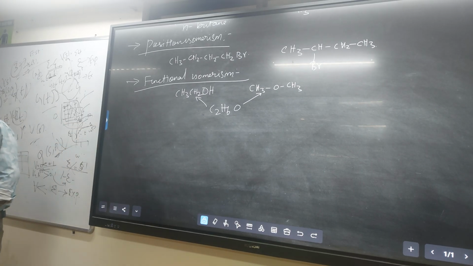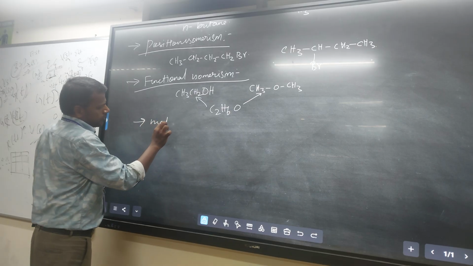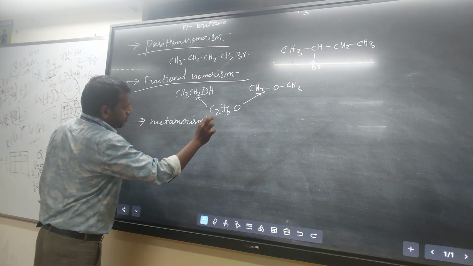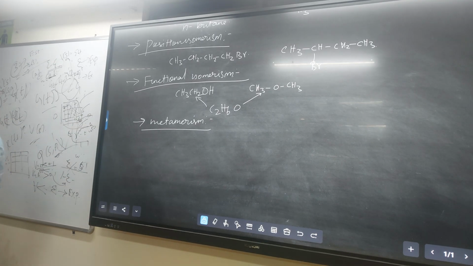The last one is metamerism. Metamerism means the chain length on both sides varies.